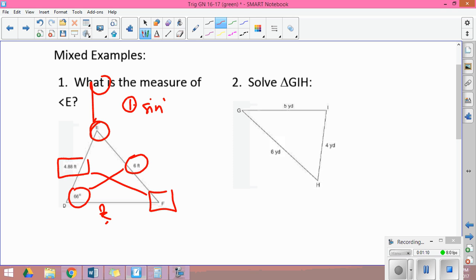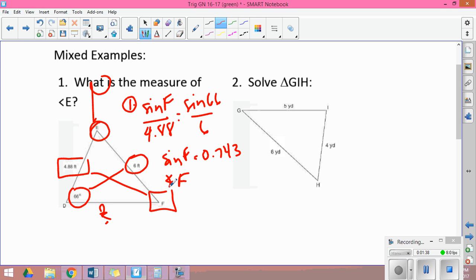So I'm going to say the sine of F over 4.88 is equal to the sine of 66 over 6. And by a little math magic, cross multiply and applying division, I end up with the sine of F is equal to about 0.743. When I apply the inverse with my calculator, I find that angle F is a 47.99 degree angle.